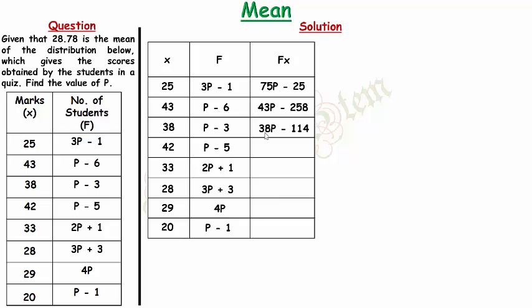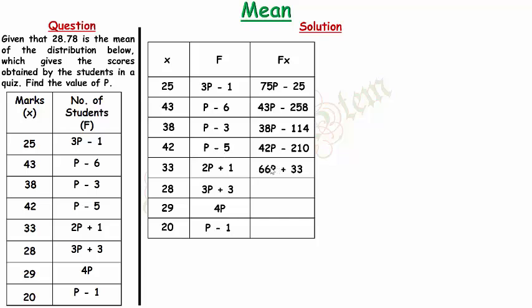The next cell will be 38P minus 114. 38P is the product of 38 and P, minus 114 is the product of 38 and minus 3. The next cell will be 42P minus 210, where 42P is the product of 42 and P, minus 210 is the product of 42 and minus 5.